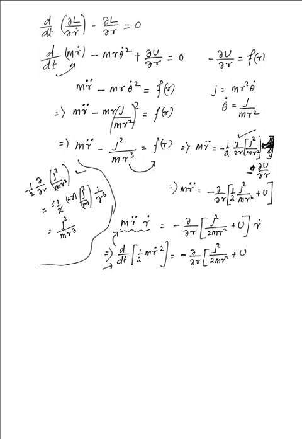I'll take it one step at a time. Because this is r dot, r dot is simply dr by dt, isn't it? This would have been the case if I take the derivative of the entire term, that is j square divided by 2 m r square plus u, taken over this entire system, and this would have led to this, simplified as this.